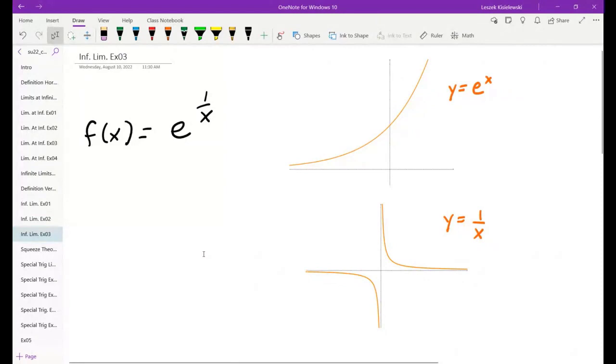So if we're looking for vertical asymptotes for this function, e to the 1 over x, what is the candidate here? What's a candidate for a vertical asymptote?